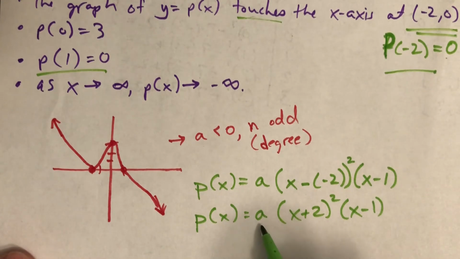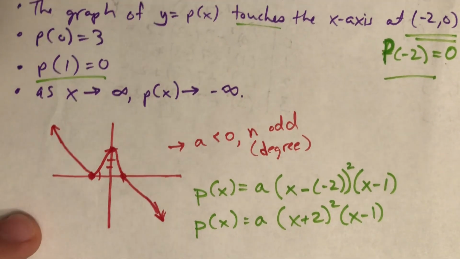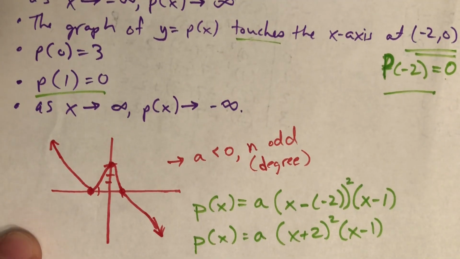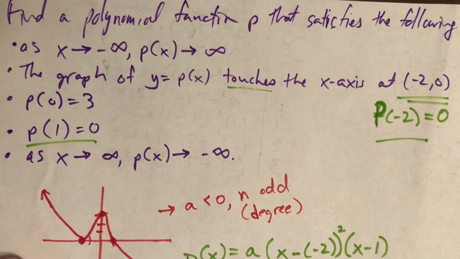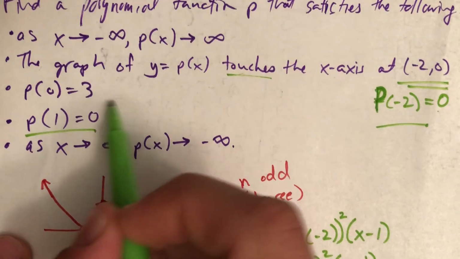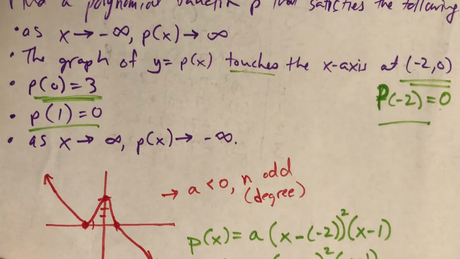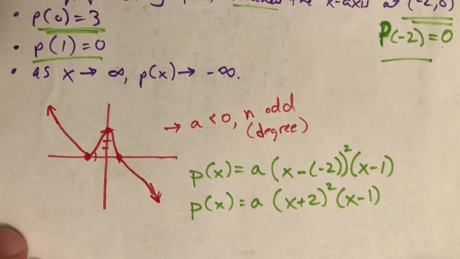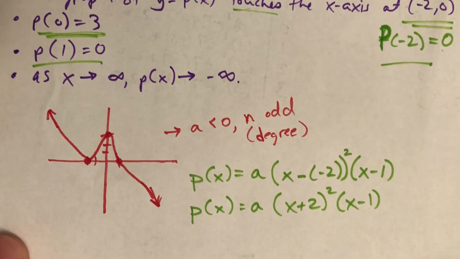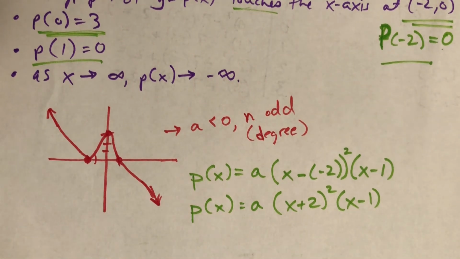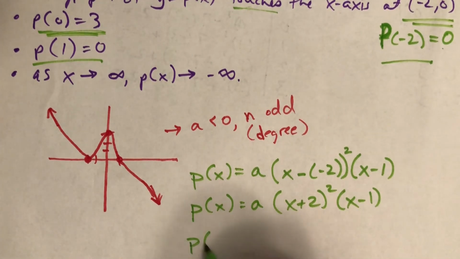We just need to find out what this value of a is. We're going to use the piece we haven't used yet: p of 0 has to be 3. If p of 0 is 3, I can put a 0 everywhere I see x, and that has to give me 3. I'll write all this out first and then put a 0 in for x.